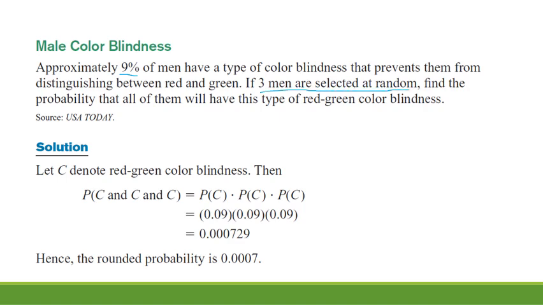The first person does not affect the second, so they are independent events, and you just need to multiply the probability of each man. So the probability that all 3 men will have this type of red-green color blindness is 0.072.